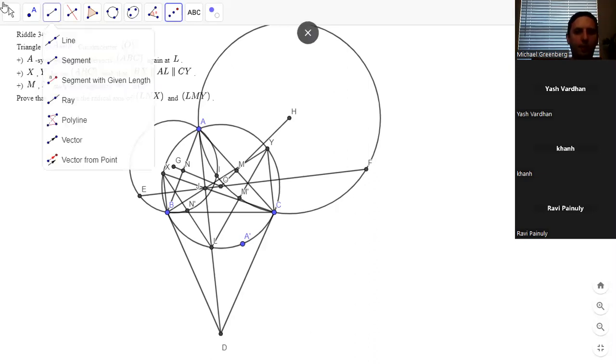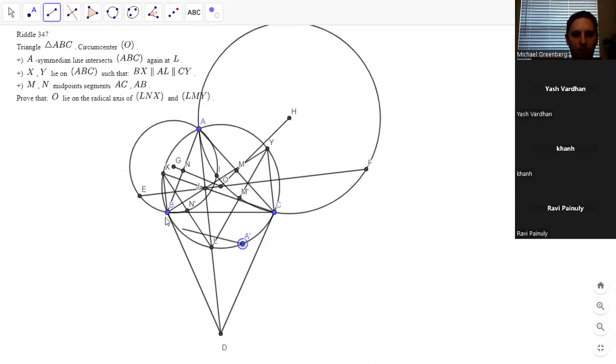Because then A prime B and A prime C are the distances to the radical axes. So we want to show that A prime B over A prime C is OH over OG. It's kind of equivalent. I think we still need OH over OG, right? But maybe it makes something easier.